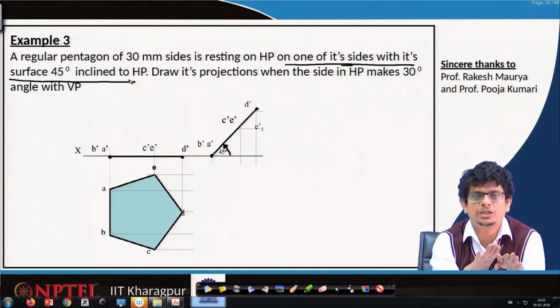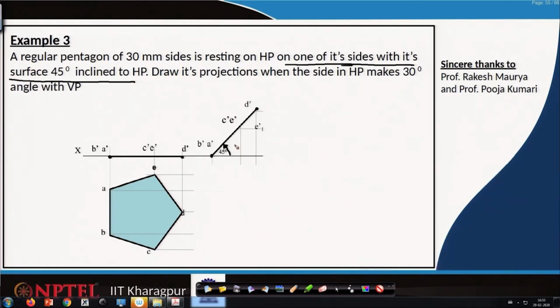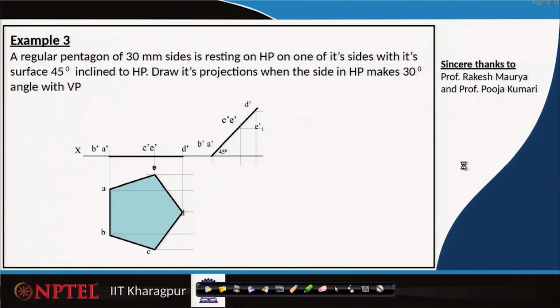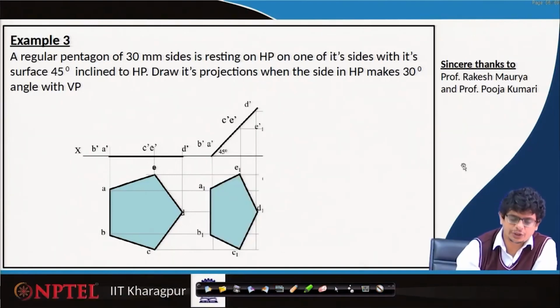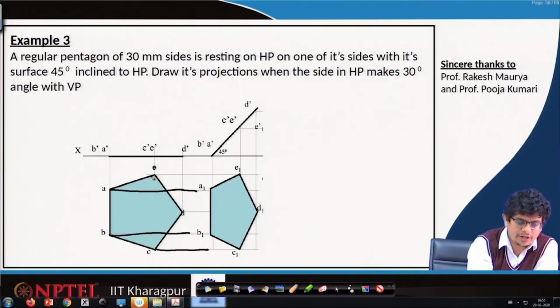Anything inclined to the horizontal plane, we can see in the vertical plane. So, on the vertical plane, we have that 45 degrees. After drawing that, we project the complete points: A point maps there, B point, C point, E point and D point.